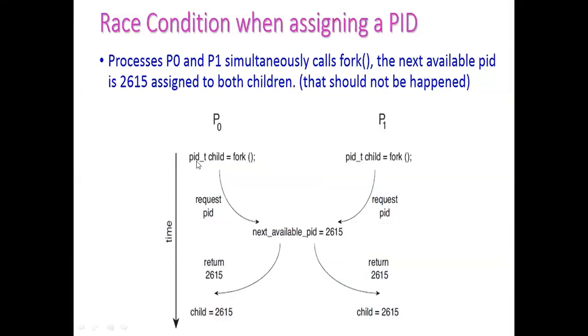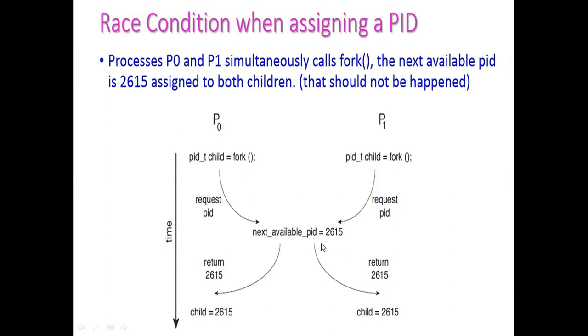See here, there are two processes P0 and P1. Both the processes simultaneously call the fork system call. We use the fork system call for creating the child process. For each and every process, a process ID will be assigned.